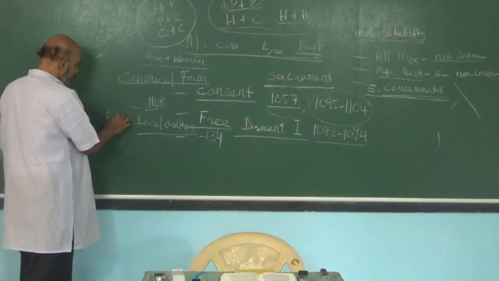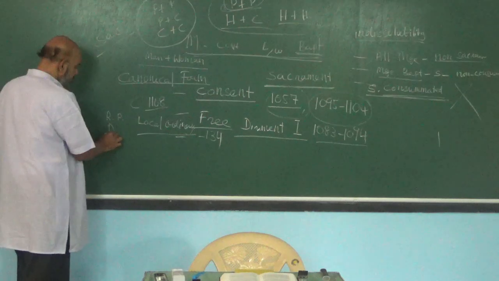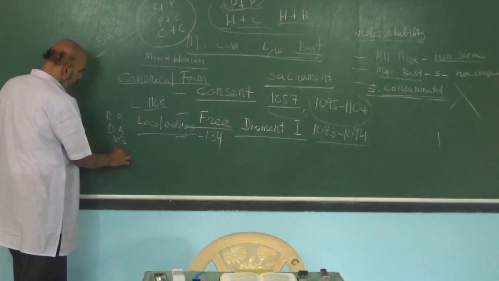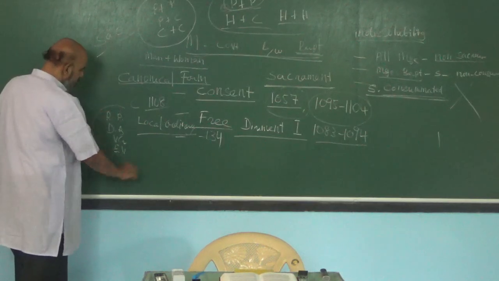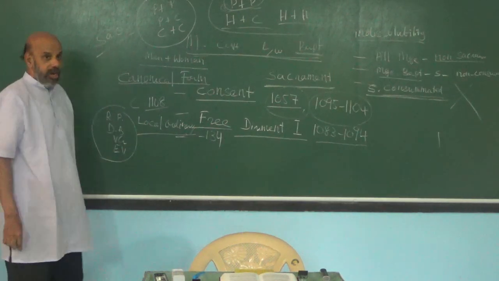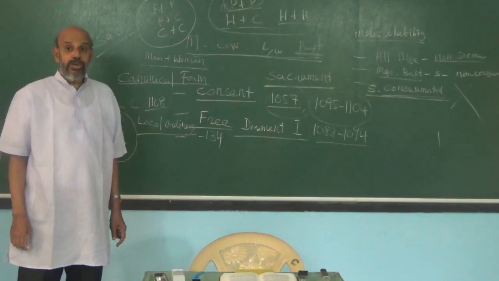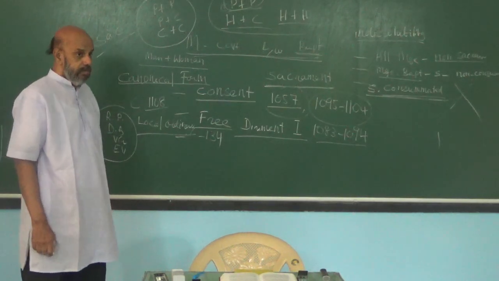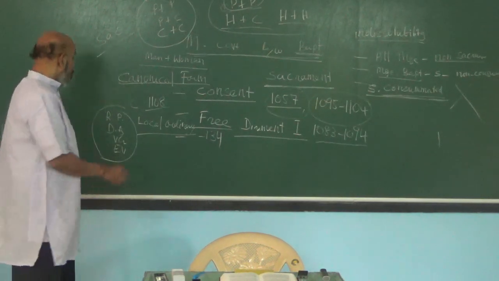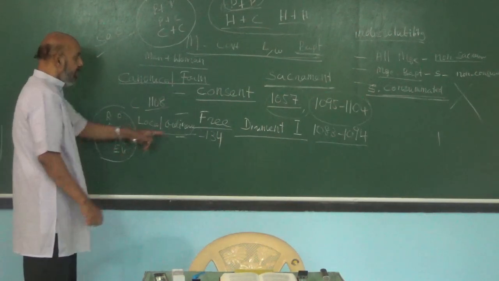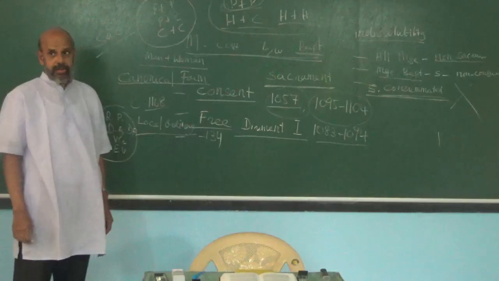One is the Roman Pontiff, the diocesan bishop, who is head of the diocese, the VG, and the episcopal vicar. So these are the people who are called the local ordinary. The diocesan administrator also, he is equal to the diocesan bishop. So all these people are local ordinary. So they can bless the marriage anywhere in the diocese.